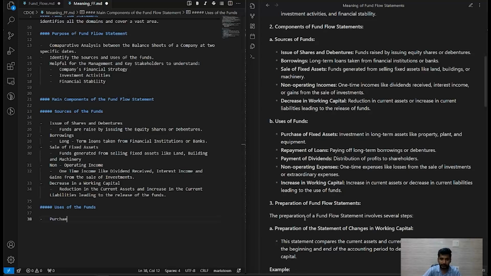Number one is the purchase of fixed assets. We can utilize the sourced money to buy fixed assets, investing in long term assets like property, plant, and equipment.